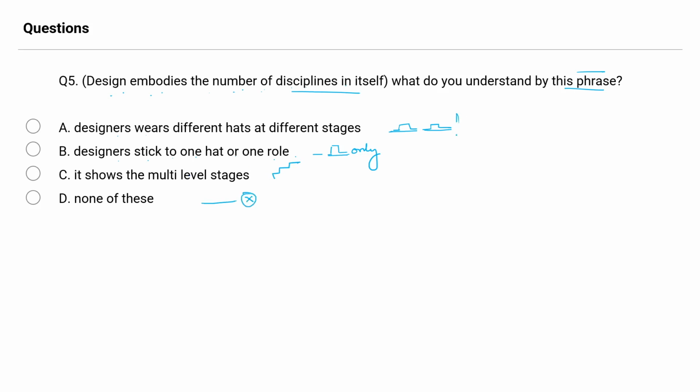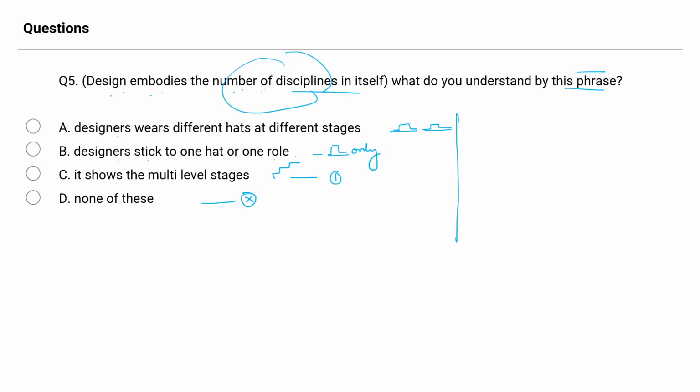Okay, so you can let me know your responses. Please read the question. It's a statement, and you have to understand. What do we mean by it? We've got one option for C. Design embodies number of disciplines in itself.